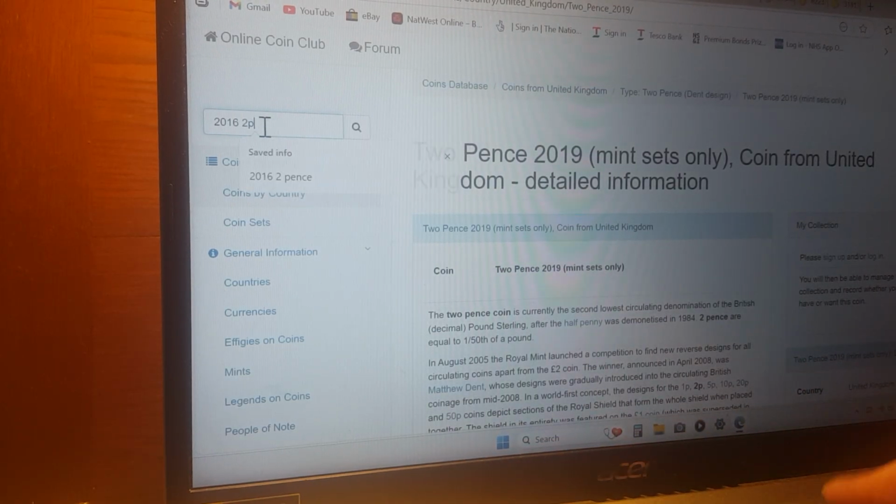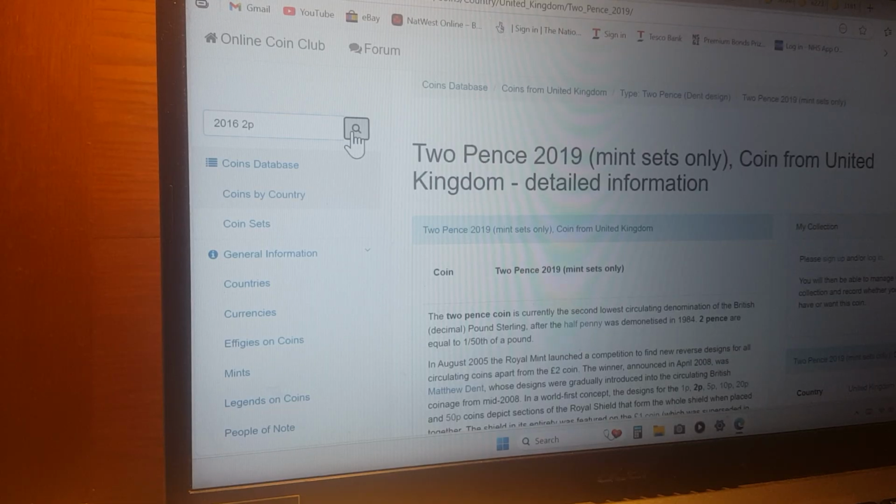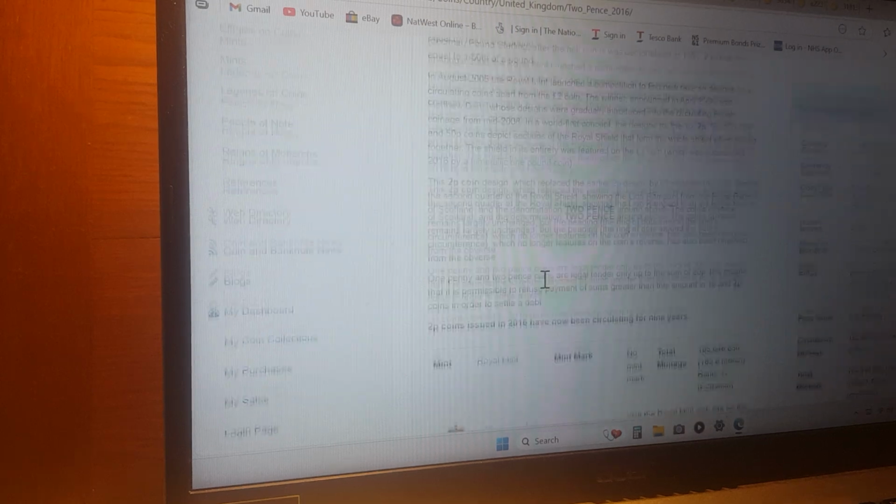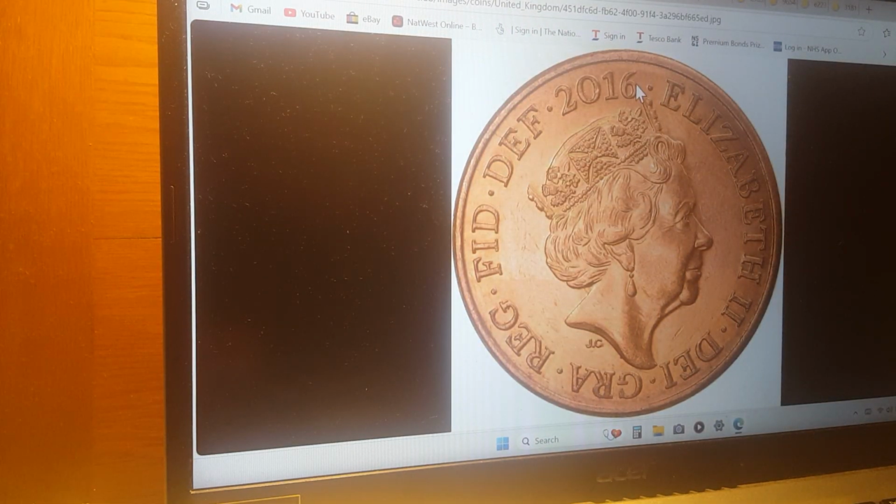Oop, 29. That was 2p. Let's see what that throws up for us. So we're now looking at the 16. And that proves my case completely. That is an upside down 9, or you can have it either way. Whichever way you want to go, you can have it that way.